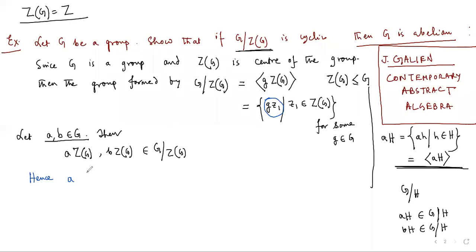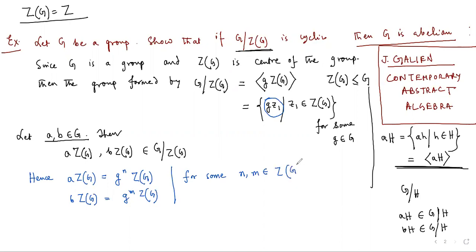We can write the set aZ(G) as g^n Z(G), and bZ(G) can be written as g^m Z(G), for some n, m belonging to the integers, isn't it? Because it is being generated by the element g Z(G) of this form.